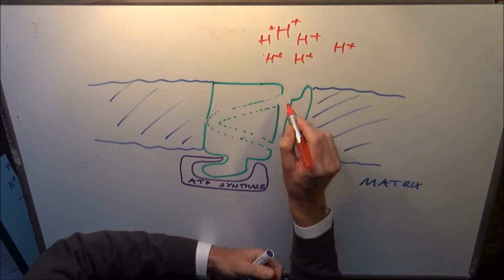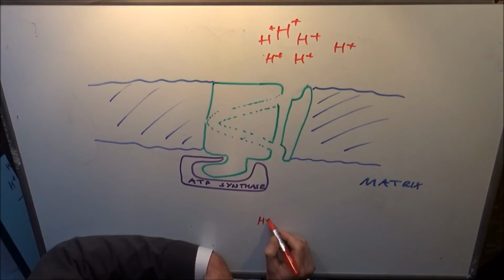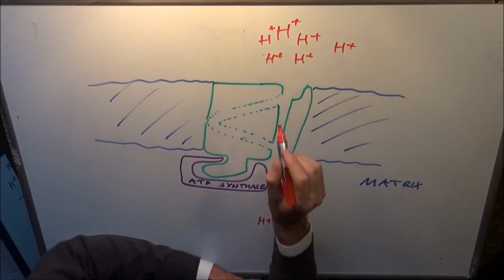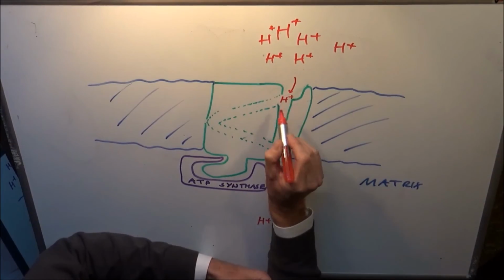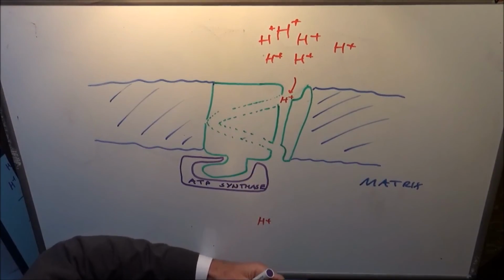We're going to allow them to flood through this channel protein to this side, and as they do so they're losing energy. We're going to see how that's used by the ATP synthase to make ATP. Now the way it works is the protons come in and they attach to a binding site on this part of the enzyme.